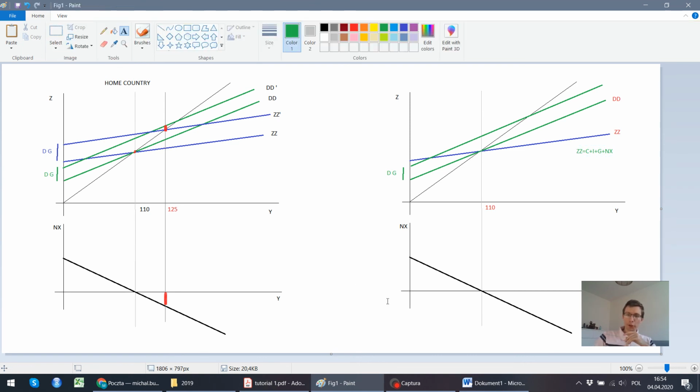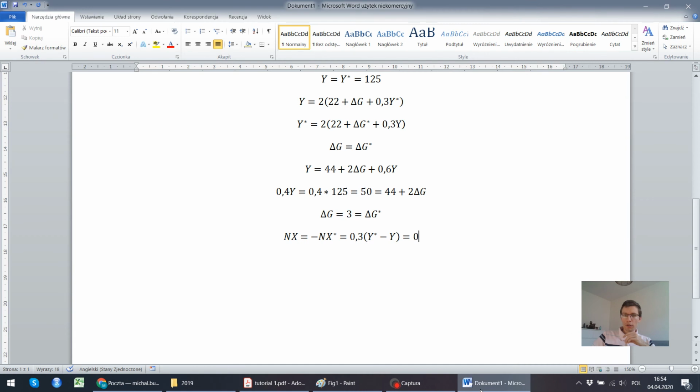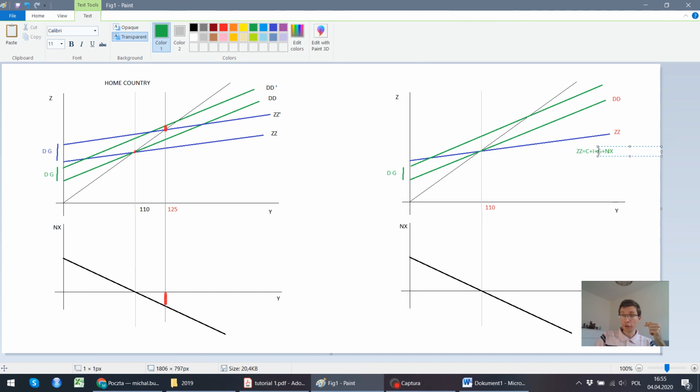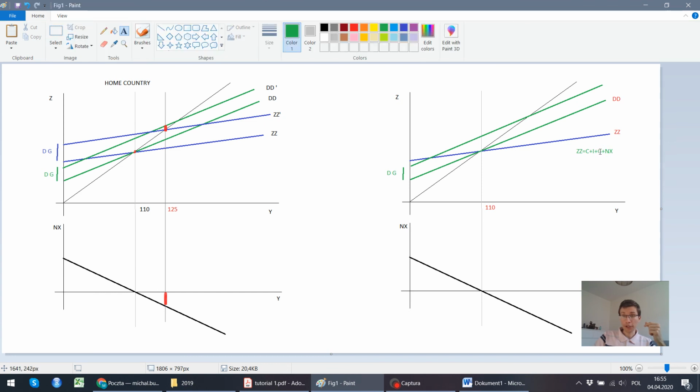Well, we know from our algebra that net exports in the new equilibrium is going to be zero in the home country, which means that exports are going to exactly equalize imports, which means furthermore that exports are going to increase as well in the new equilibrium. Why does it matter? It matters because now the shift of the ZZ curve is not going to include only the change in governmental expenditures as before. It will also include the exogenous change in the value of exports, something that was not present before.